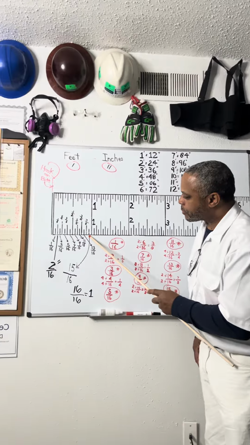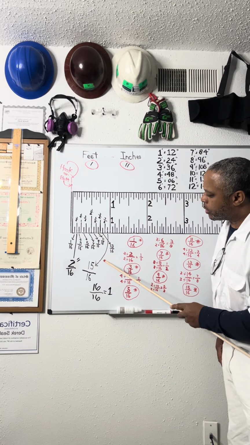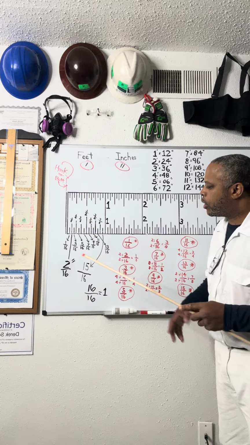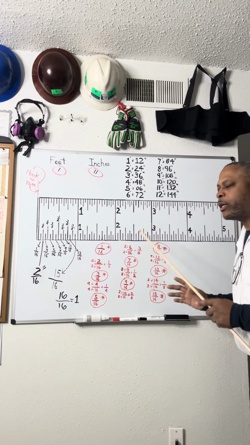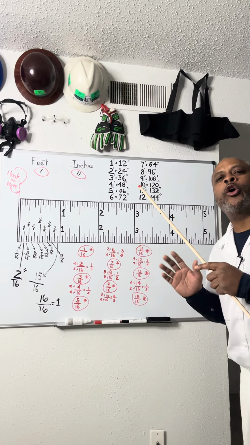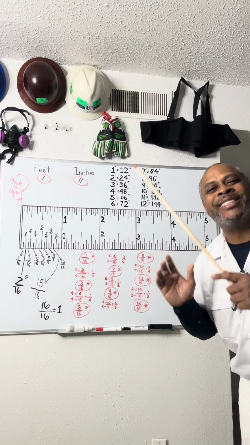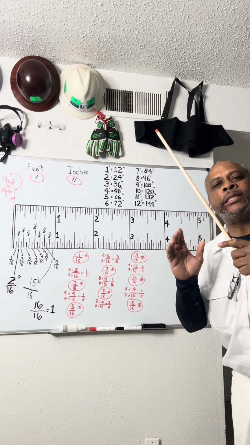This guy right here. See, I got this line drawn. 15/16, always a 16. Those numerical values that I just stated to you are always going to be said on the job site as a 16.